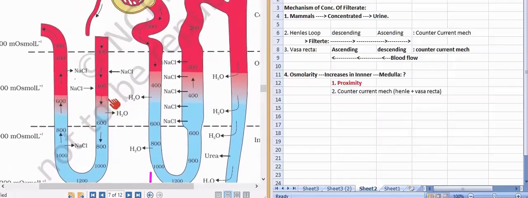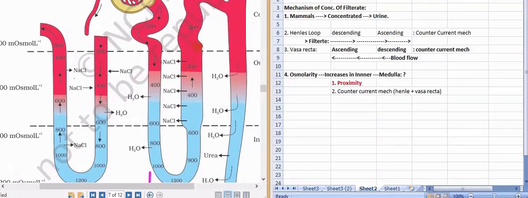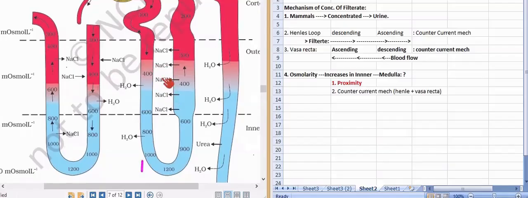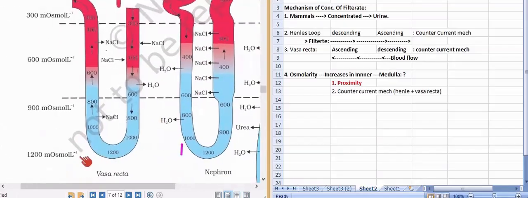Because of the exchange. See, here this is the ascending limb of the filtrate. It is releasing NaCl, and that NaCl is taken to the descending vasa recta. It's taken back, going upward and again into the medulla. So because of this, the concentration in the medulla is more, that's 1200.